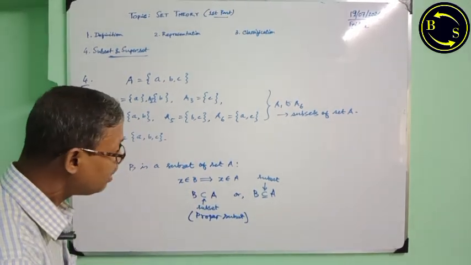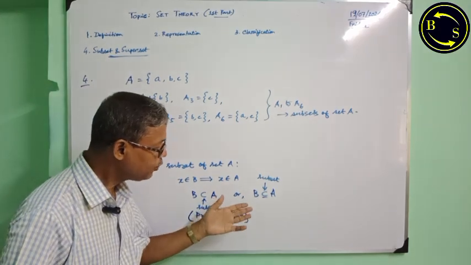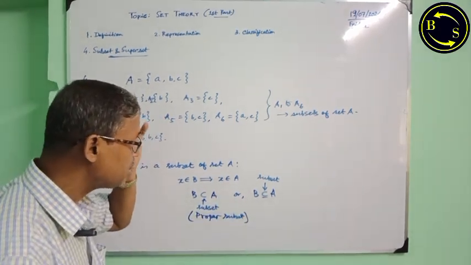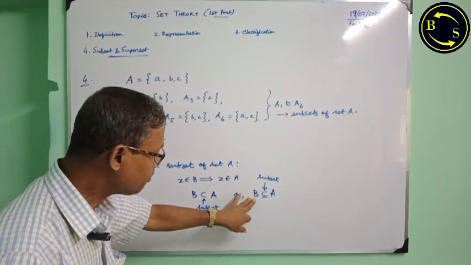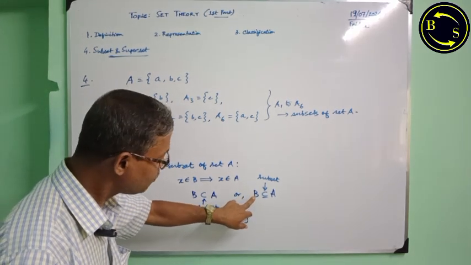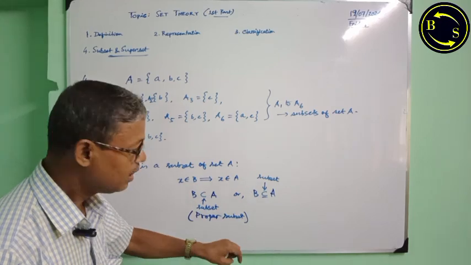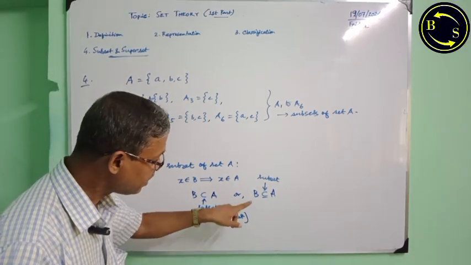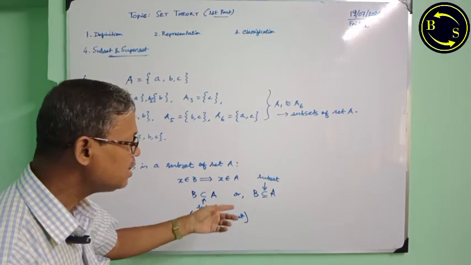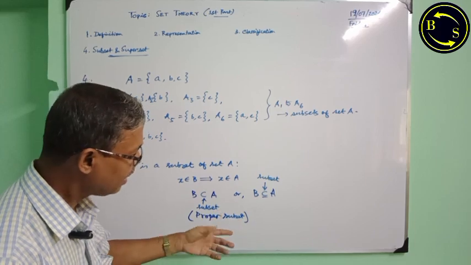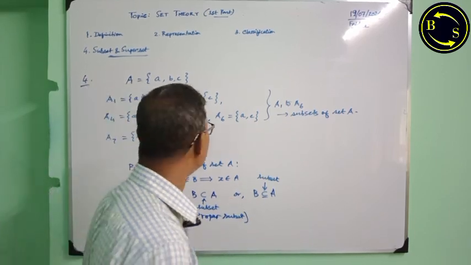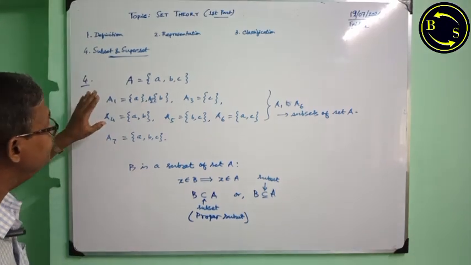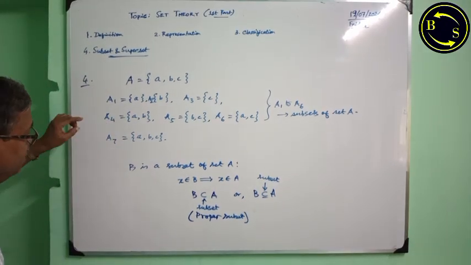But if we don't know the number of members of set B, but each member of set B is also a member of set A, then we express that by saying B is improper subset of A and use this symbol. Now already I have taken examples for subsets.